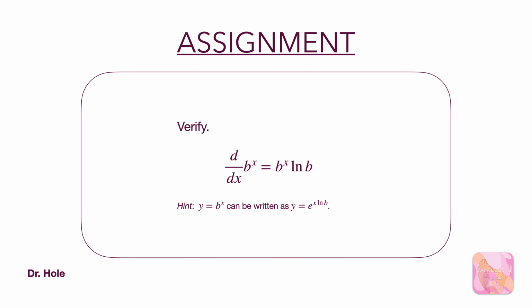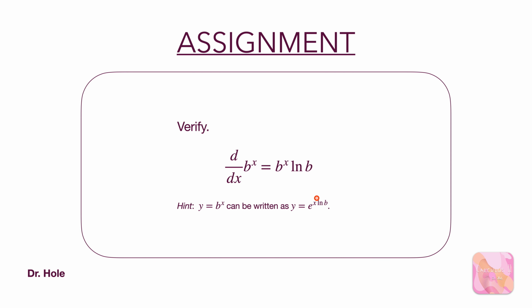All right, so how do you verify this? Here's the hint. First, make sure that you agree. If you're taking y to be b to the x, then y can also be written as e raised to the x times ln of b.